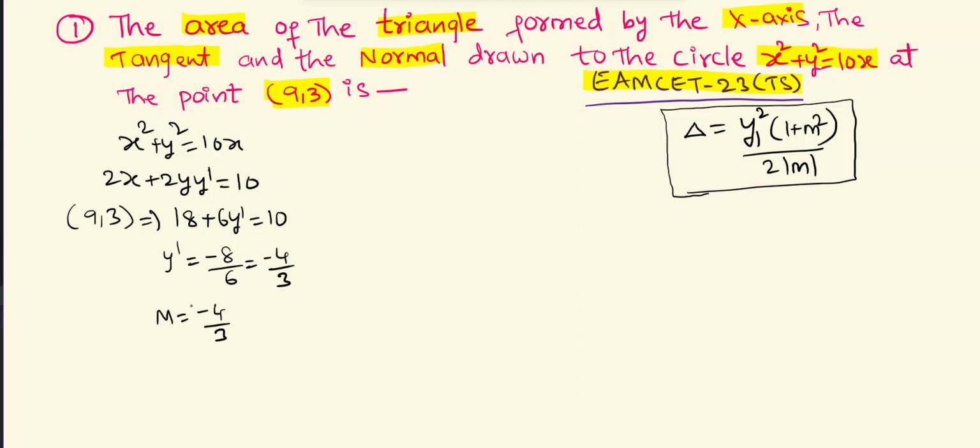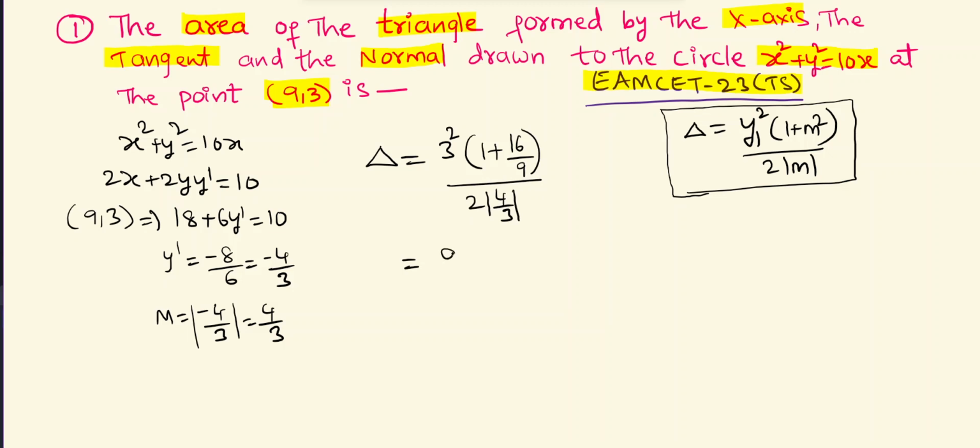Take the modulus, that is 4 by 3. This is the slope of the given curve, and y1 is given, that is 3. Substituting in the formula, delta is equal to y1 square, this is 3 square, into 1 plus m square, this is 16 by 9, by 2 mod m, 2 into modulus of 4 by 3.